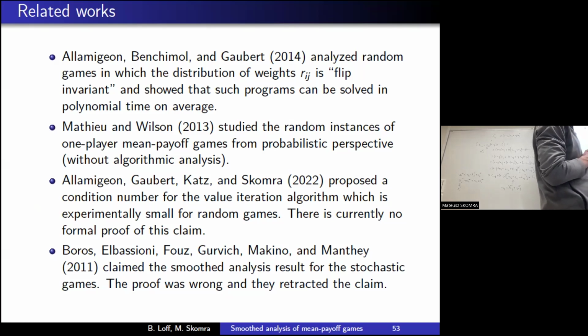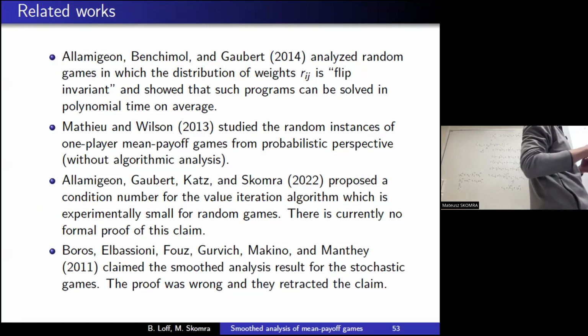They supposed the weights have a so-called flip invariant distribution and showed that such games can be solved in polynomial time on average. But this is a very, very symmetric distribution of the weights, where when you flip the edges of the graph, somehow it doesn't change. So this is very far from the smooth setting.